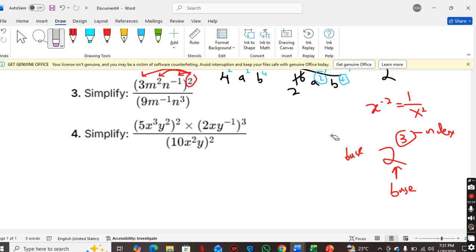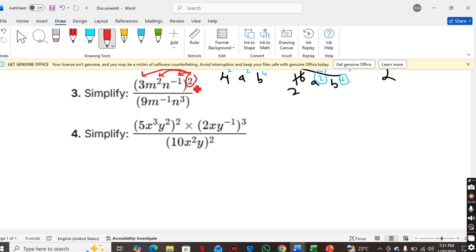So we'll start with the numerator. In this question, we'll look at example 3 there. So we're going to distribute this power 2 to these 3 bases there.